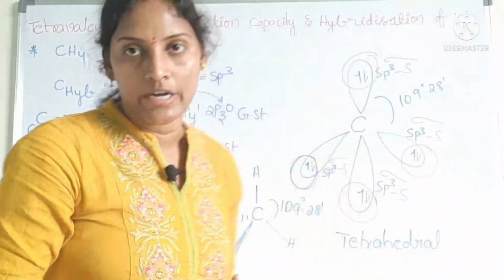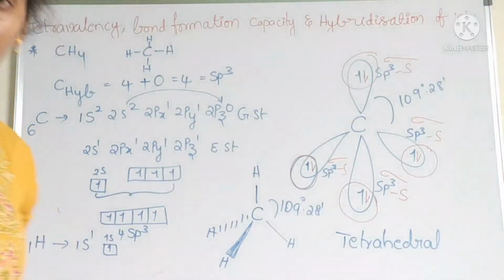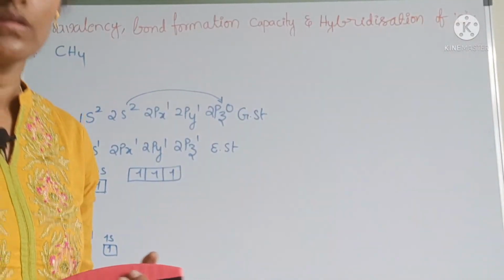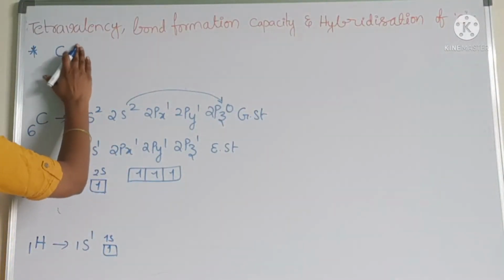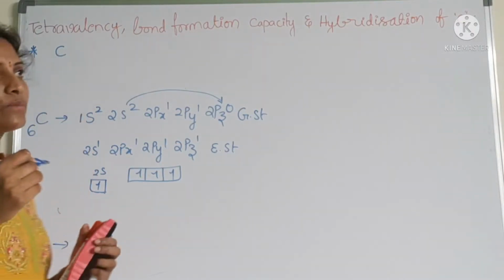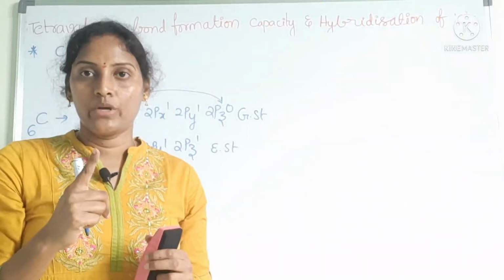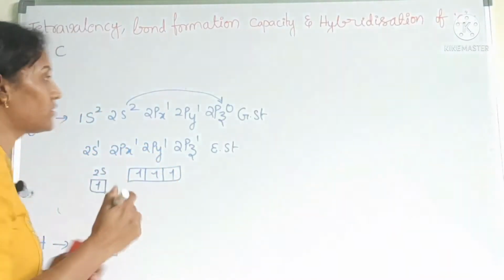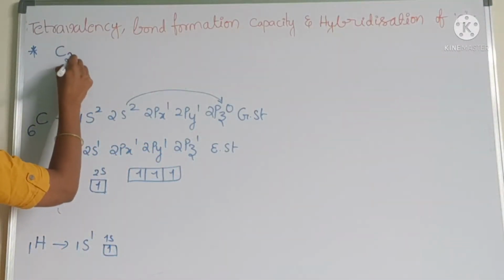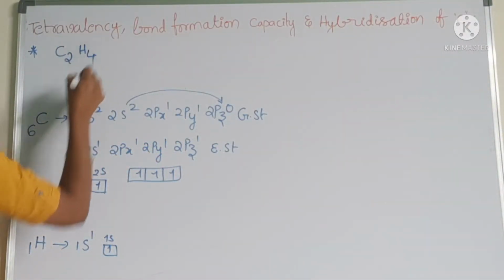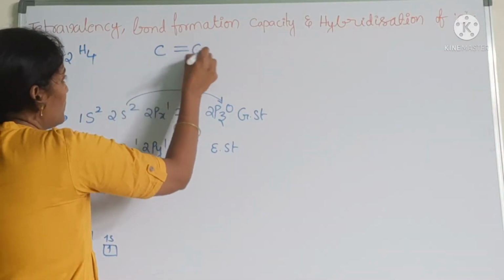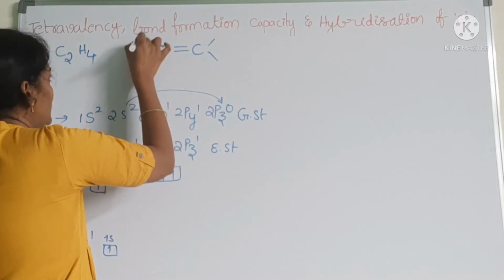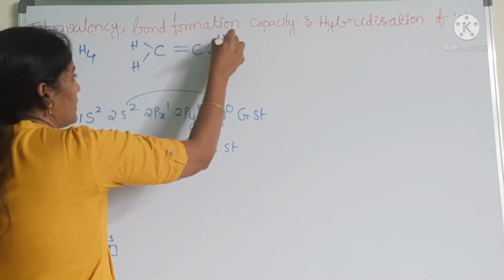Coming to the next bond formation. See here, the next bond formation is how carbon can form one double bond and two single bonds. For that one you can take C2H4 as an example. In the C2H4 molecule, the structure is like this.